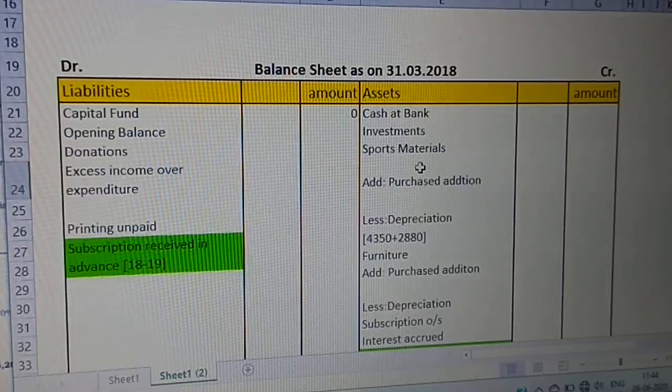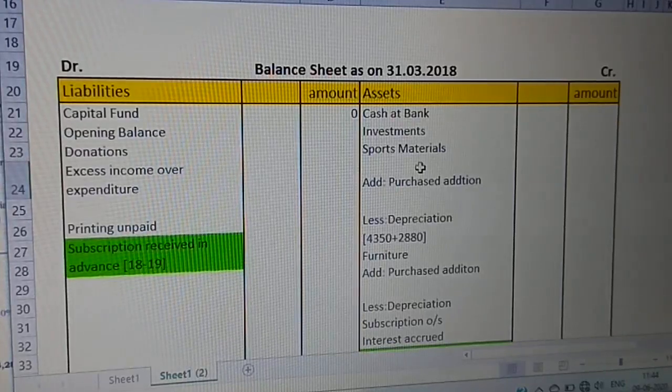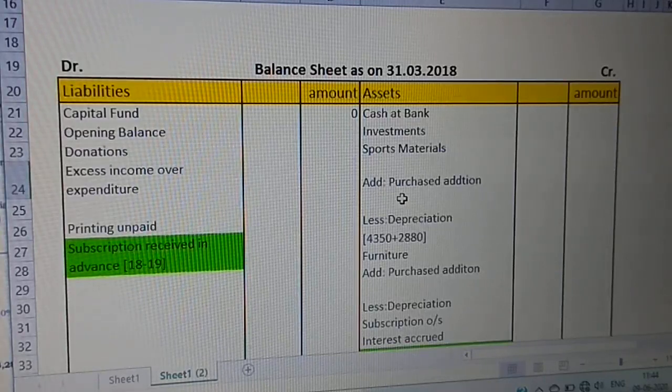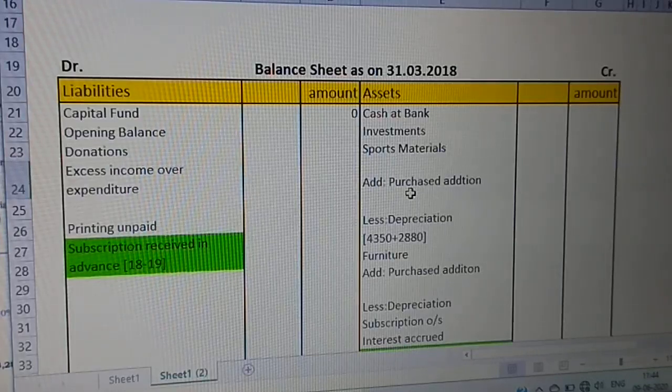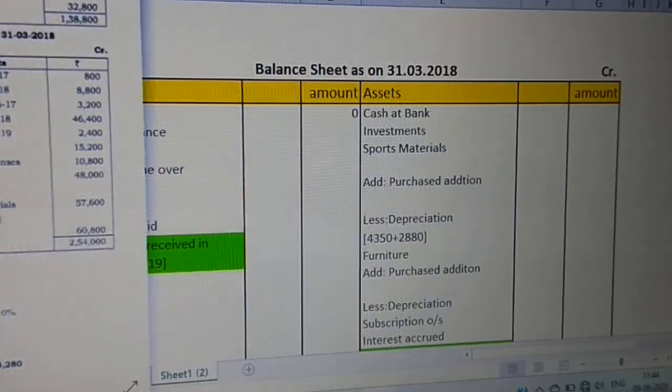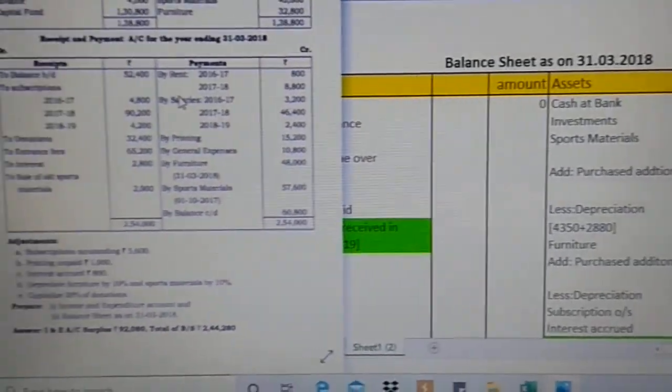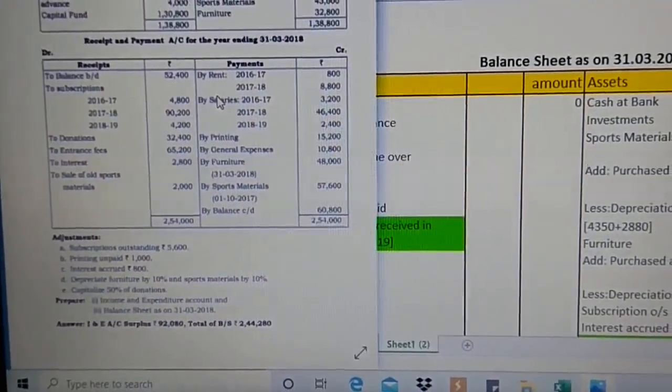Now coming for the balance sheet, we are going to prepare the balance sheet for this exercise 5 in a very simple manner. I have just taken up the items under the assets and liabilities. So let us see how we are going to do this. So going for the first item, cash at bank, just observe. I'm just going to take up from the opening balance sheet.